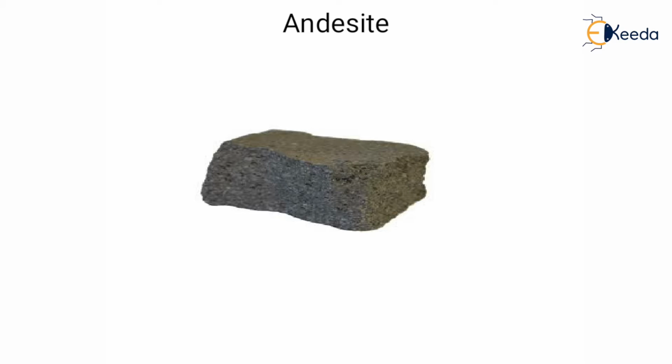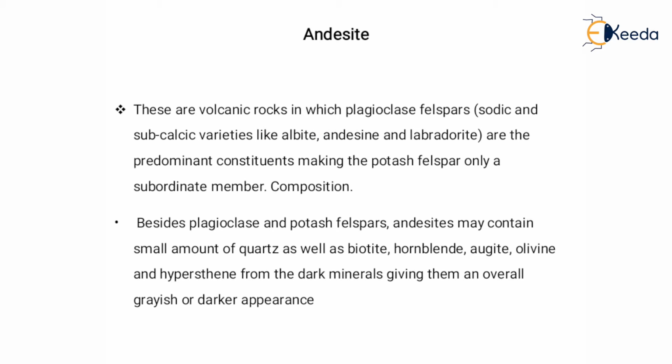Then next is andesite. See here, it is completely black with very fine grains, and we cannot identify the minerals by naked eye. So this is called an aphanitic texture. It has a volcanic origin and dark color, so it is called melanocratic. Andesites are volcanic rocks in which sodic and subcalcic plagioclase feldspars like albite, andesine, and labradorite are the predominant constituents, making potash feldspar only a subordinate member.